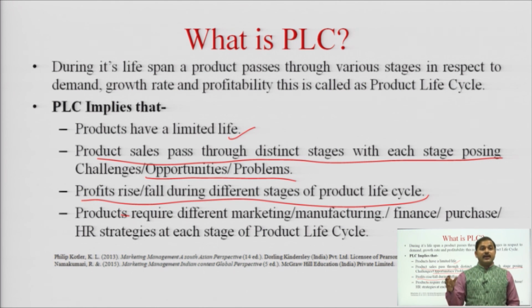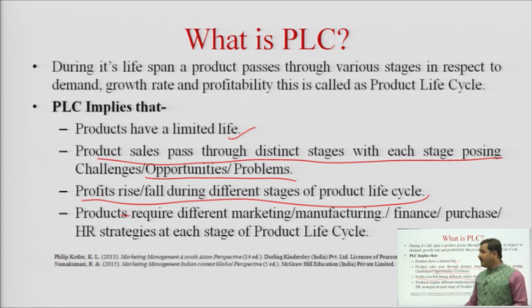In that way we need to understand that PLC is a dynamic process that a product has to pass through in different stages called introduction, growth, maturity and decline phases, and every phase gives you a lot of opportunity also, in terms of retaining in the market, bringing in more customers, bringing more profit to the organization, increasing the market share, and combating or beating the competition to a level that you can even eliminate the competitor from the market.